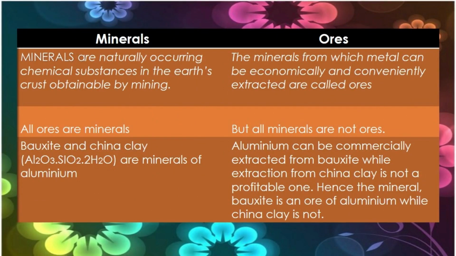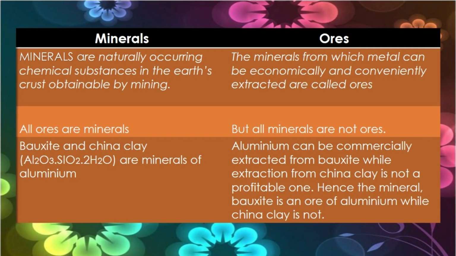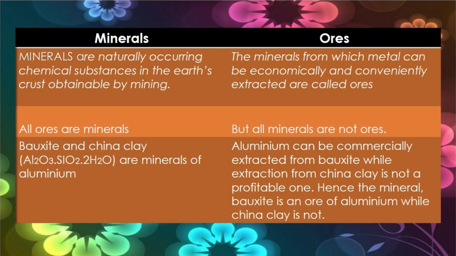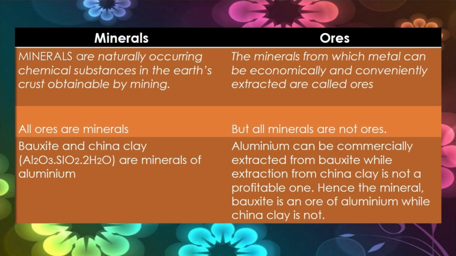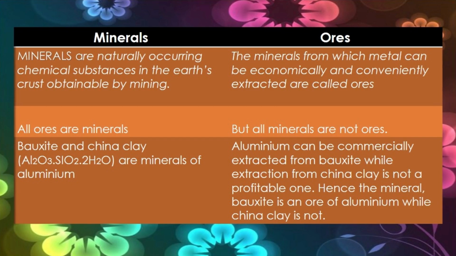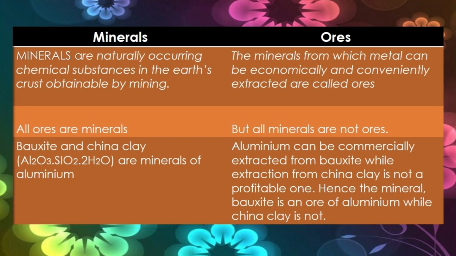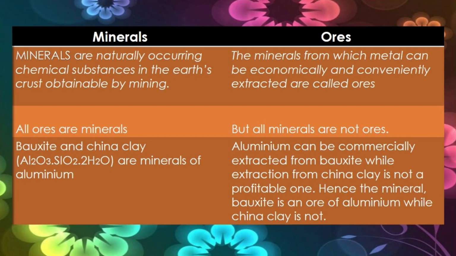From the examination point of view, differentiating minerals and ores is an often asked question. In the first point, you will write what minerals are and what ores are. Second point of difference is that all ores are minerals, but all minerals are not ores.